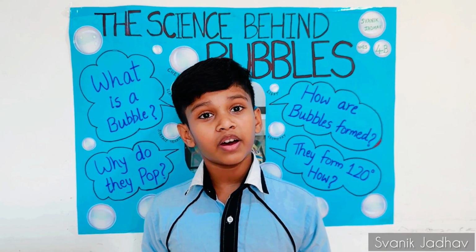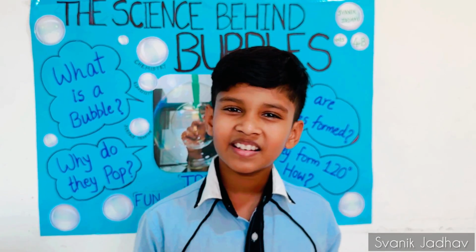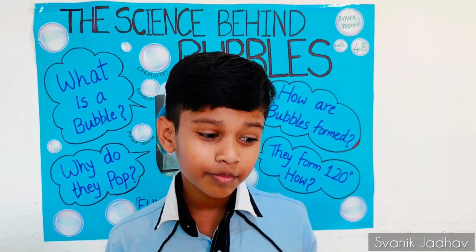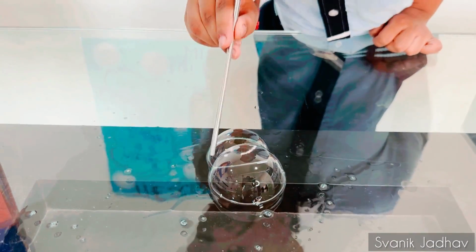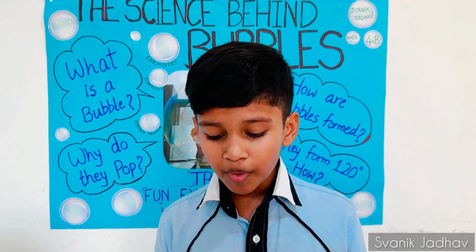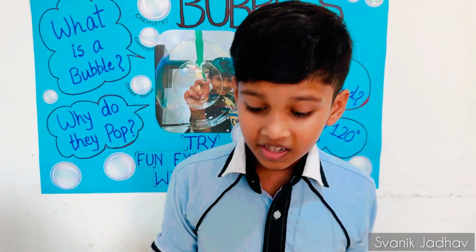Now you must be wondering from the start what this question means. Now let's learn a small maths background about bubbles. When three or more bubbles join, they always join at an angle of 120 degrees. Look. They always join at an angle of 120 degrees. Isn't that fascinating?